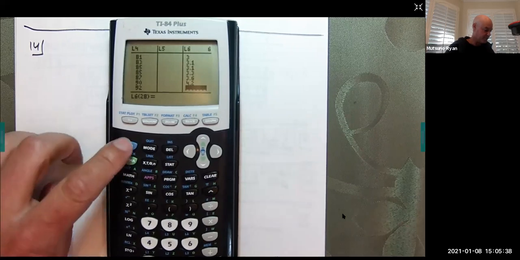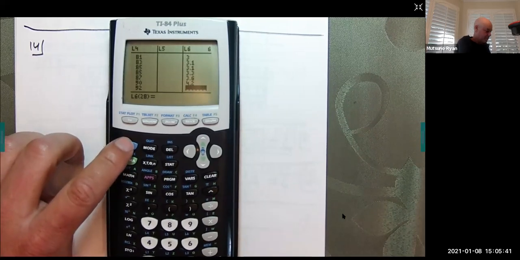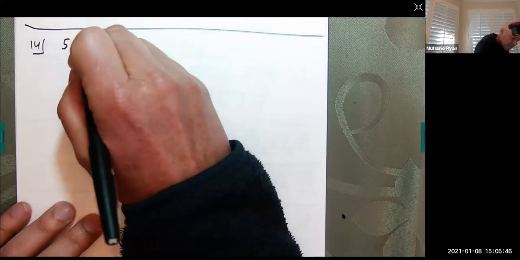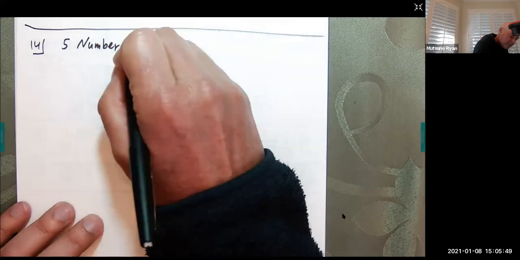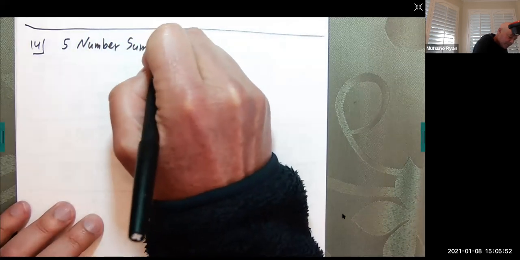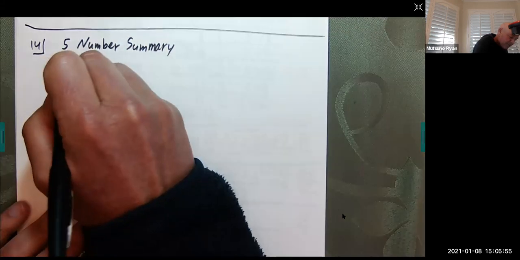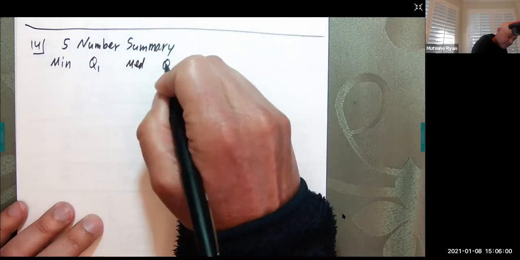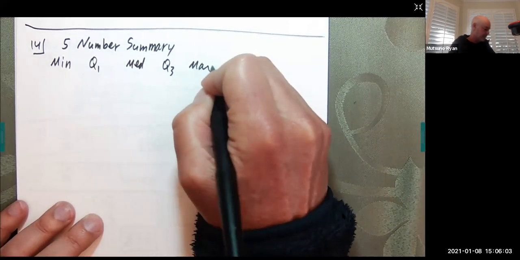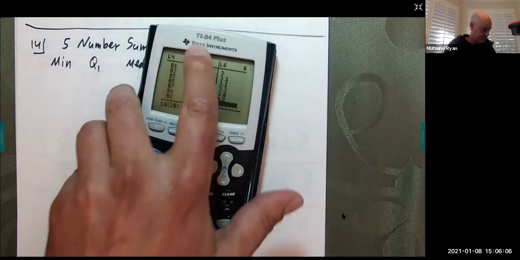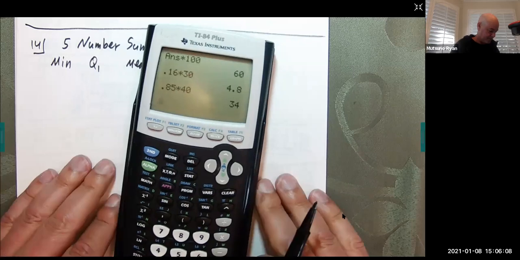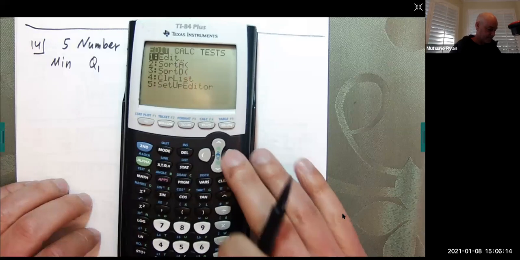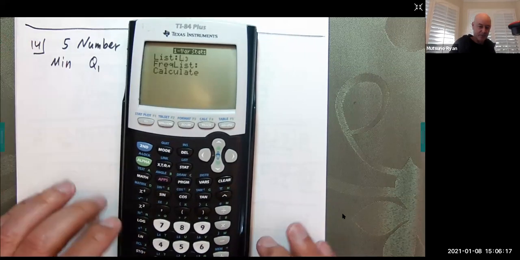What I'm going to do to construct it is a 5-number summary. So I'm going to have the minimum value, Q sub 1, the median, Q sub 3, and the maximum value. Now, remember, I'm in list 6 here. So I'm going to run one var stats again, this time on list 6, which is above my number 6.